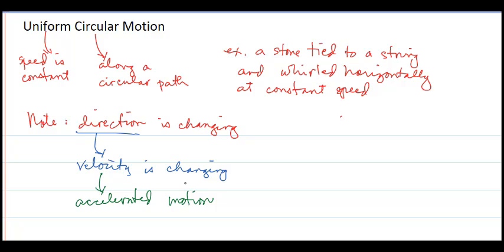Again, if the direction is changing, the velocity is changing. If there is a change in velocity, then the motion is accelerated. Therefore, a is not 0. Therefore, uniform circular motion is an accelerated motion.